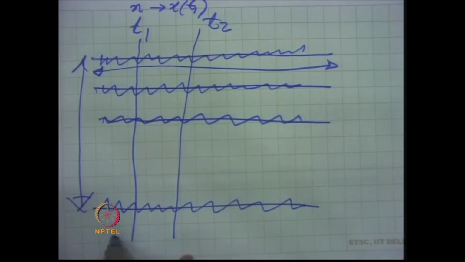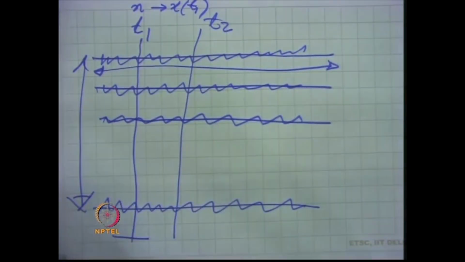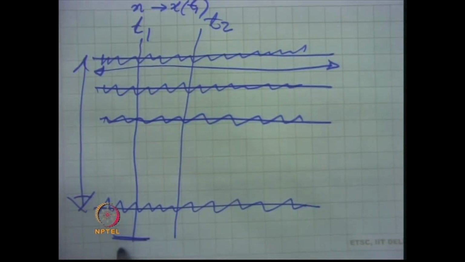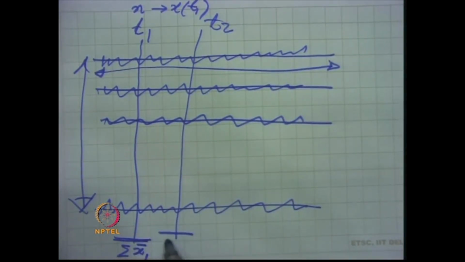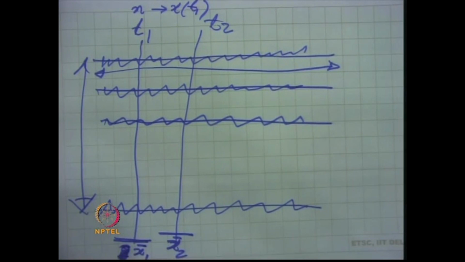If we take an average of these x(t1) values across the ensemble, let us say the value is x bar 1. We calculate then x bar 2, that is the average value of x(t2) at time t2.